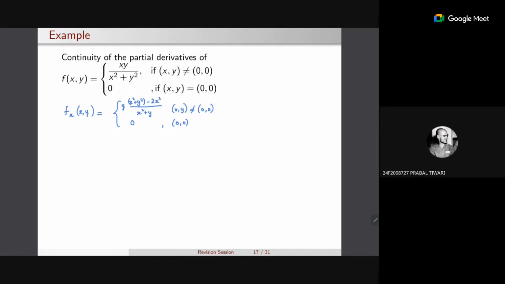Yes, 2x square y. This should be the expression. So outside (0, 0), I'm just going to differentiate it, treating y as constant. And then at 0, we found that the partial derivative actually exists and is equal to 0. Now, what can we say about the continuity of this function?